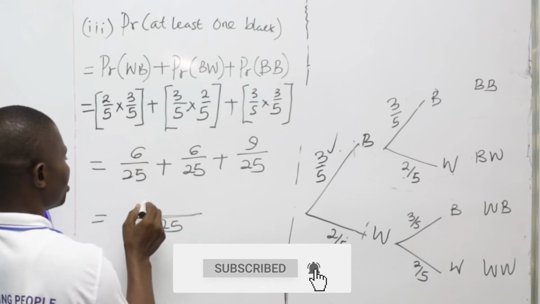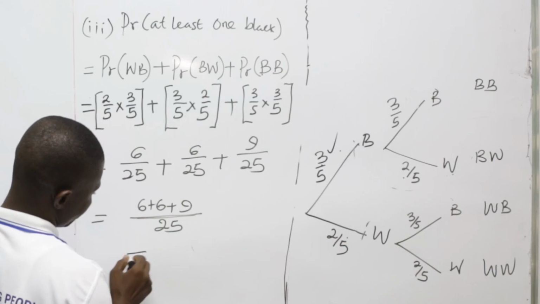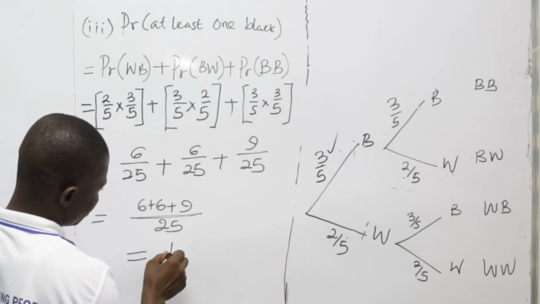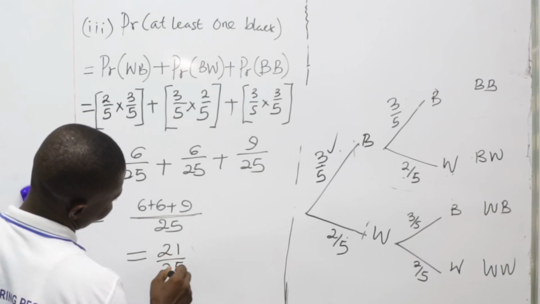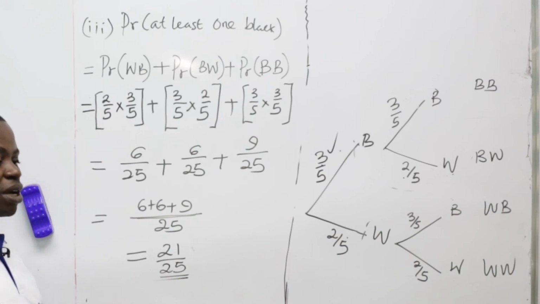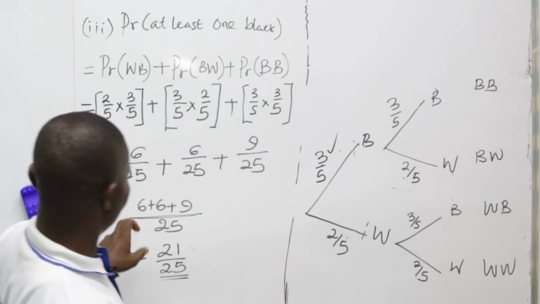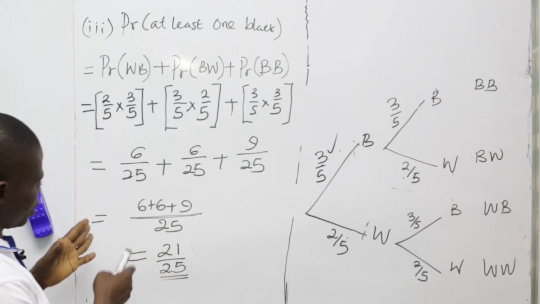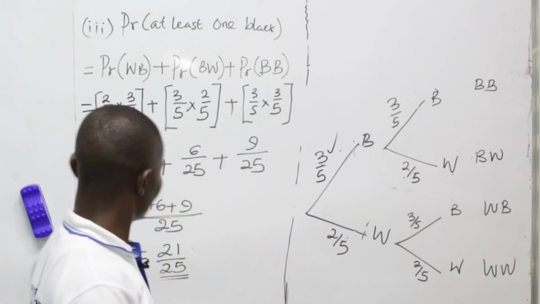So 6 plus 6 plus 9 will give us, this is 12. 12 plus this 9 is 21. 21 all over 25. So the probability of at least 1 black is what? 21 all over 25. That is the probability of at least 1 black.